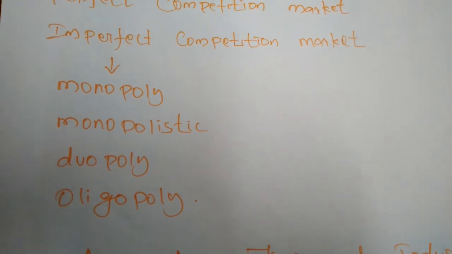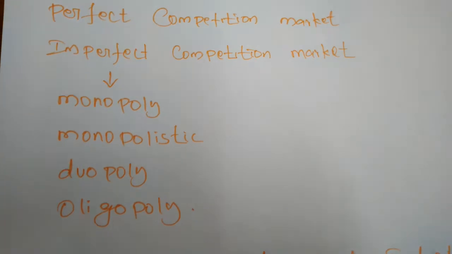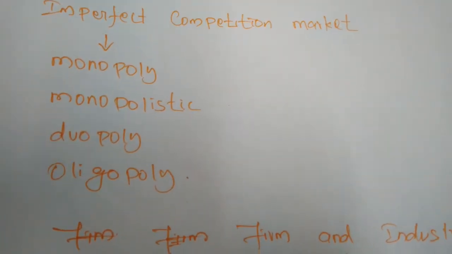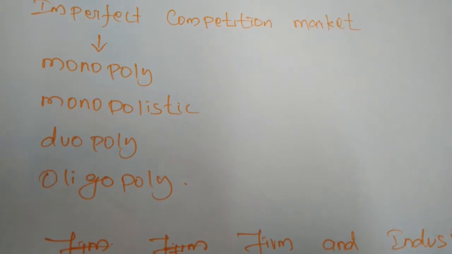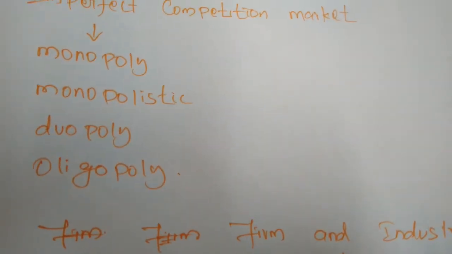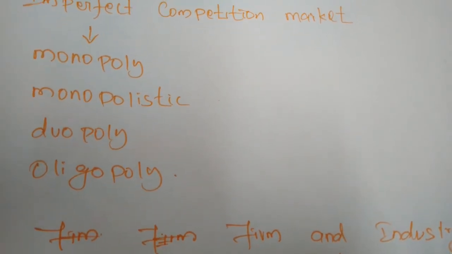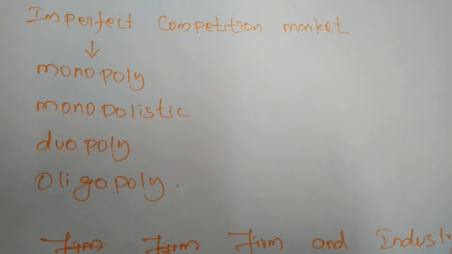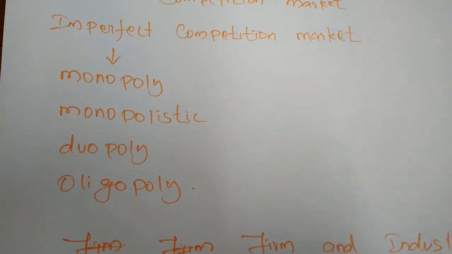Monopolistic means a single line of product only will be produced and sold. Next, duopoly. Duopoly means two sellers will be there. Next, oligopoly. Oligopoly means a few sellers will be there, selling different types of commodities or the same type of commodities.